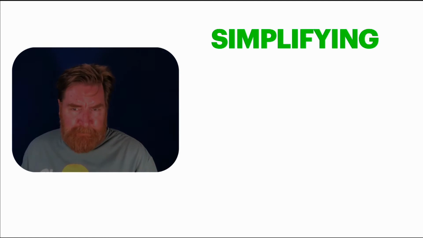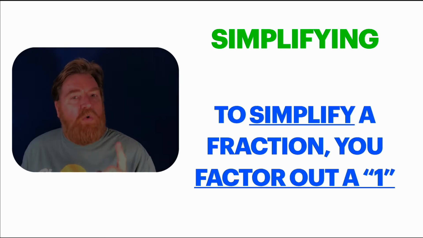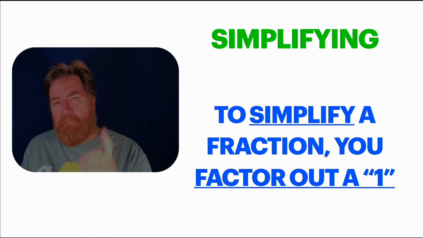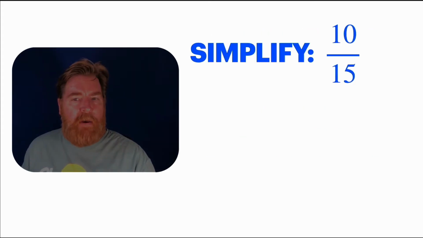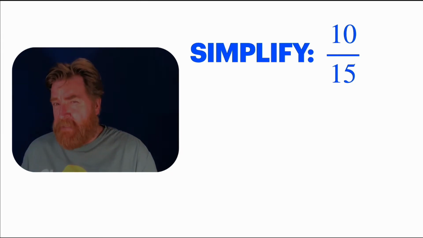Let's talk about simplifying. It turns out all you need to know about simplifying fractions is that the way to simplify a fraction is to factor out the number 1. I'm going to give you an example of what I mean by that. Let's say we're asked to simplify 10/15.